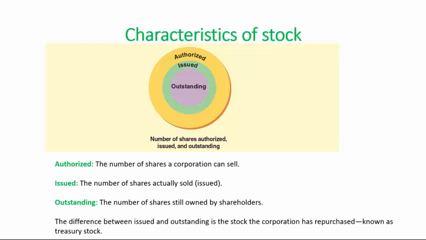Those are the ones that are actually sold by the corporation to the shareholders. And then lastly, there are the number of shares that are still outstanding, still being circulated amongst the shareholders. And the difference between those two is a characteristic known as treasury stock.